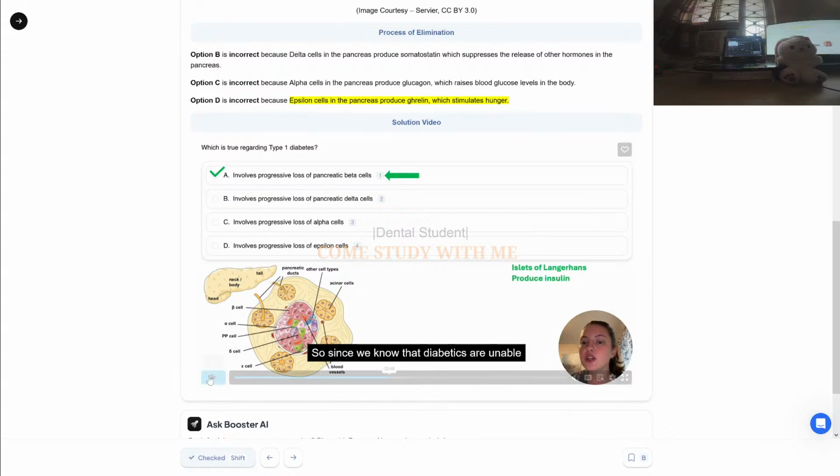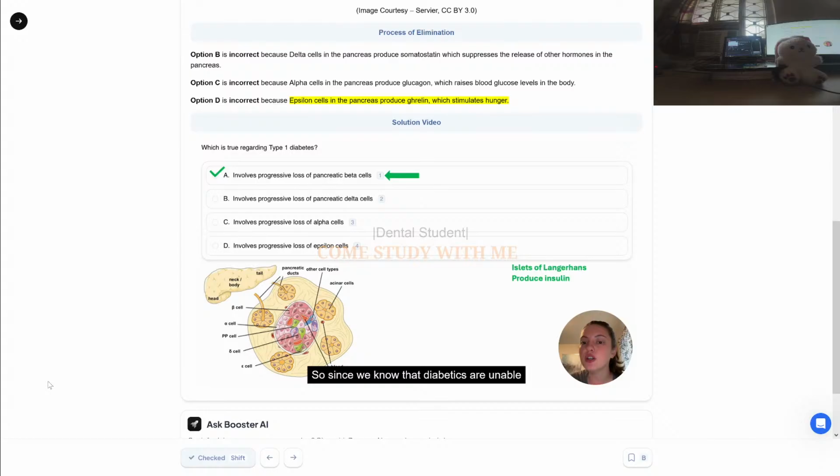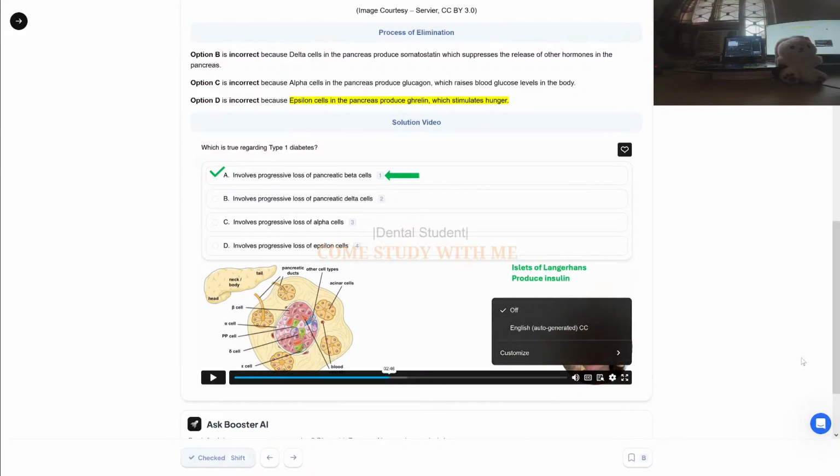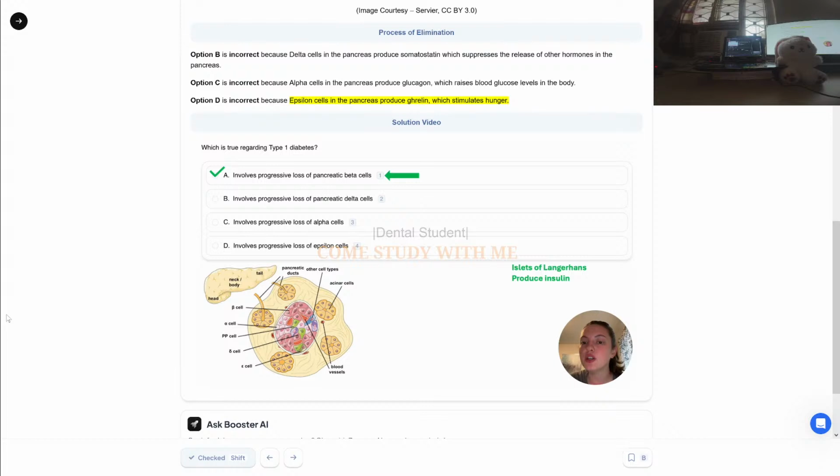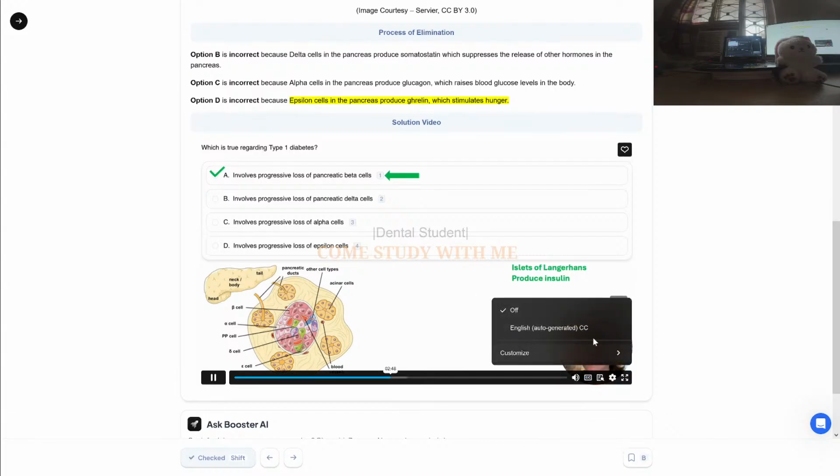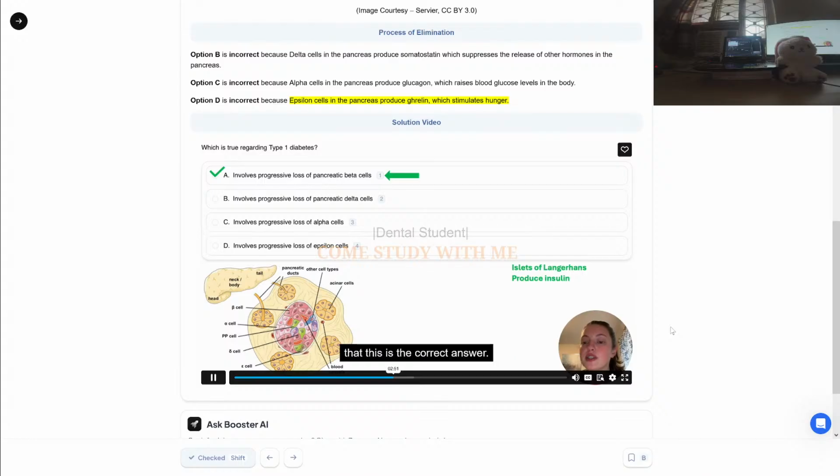So since we know that diabetics are unable to produce sufficient levels of insulin, we know that this is the correct answer.